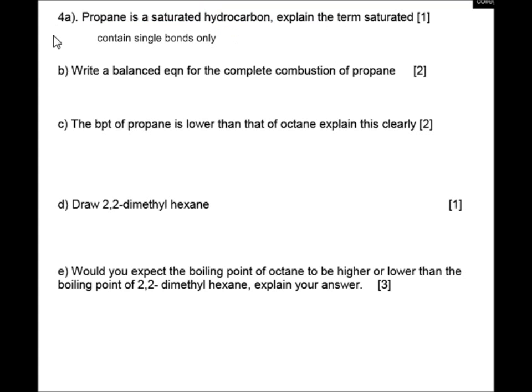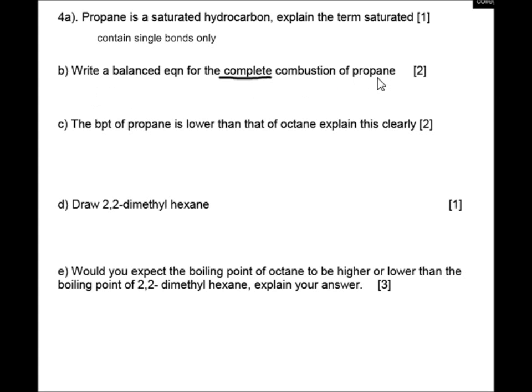You're then asked to write a balanced equation for the complete combustion of propane. And as you can see, this question is worth 2 marks. 1 mark is for identifying the correct products of combustion. And if you notice here, it says the complete combustion. Complete combustion occurs when there's a plentiful supply of oxygen and the products formed are carbon dioxide and water.